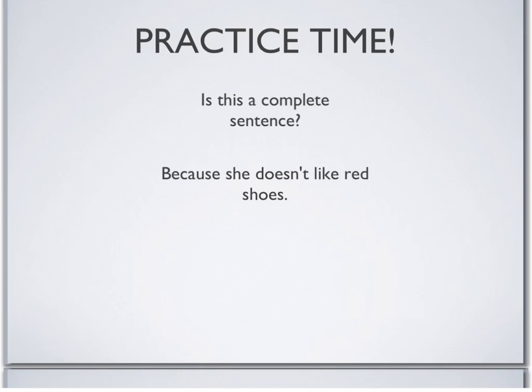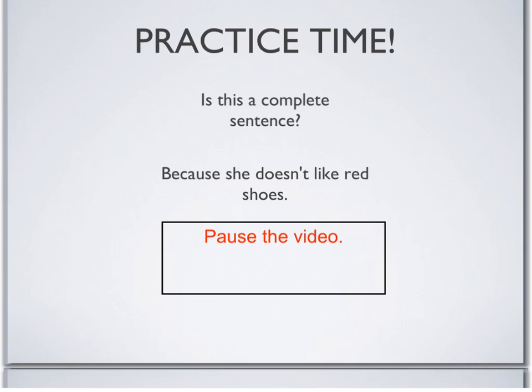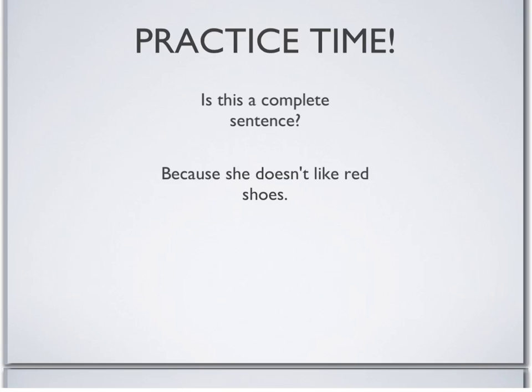Here's another practice sentence. Check for all three parts. Pause the video while you think of your answer. This sentence has a subject. The subject is she. It's got a verb, doesn't like. But it also has a connecting word, because. That means it should have two different ideas.